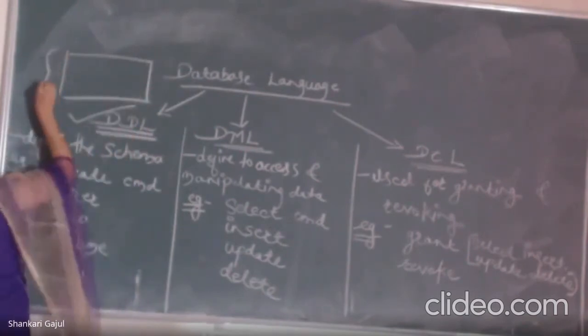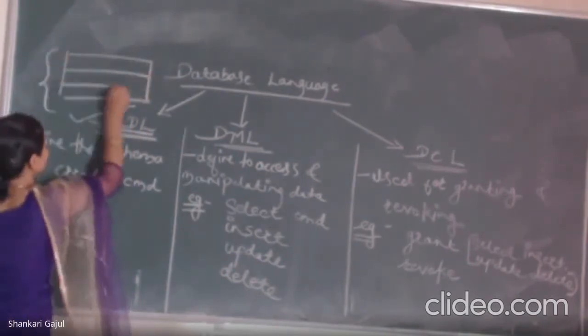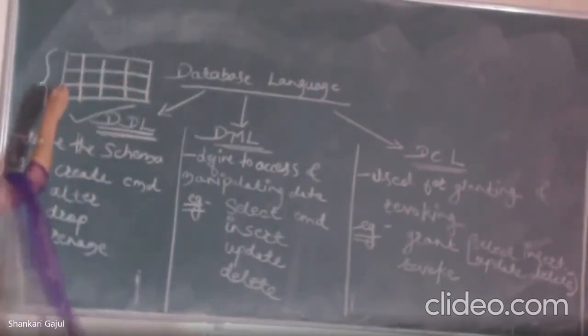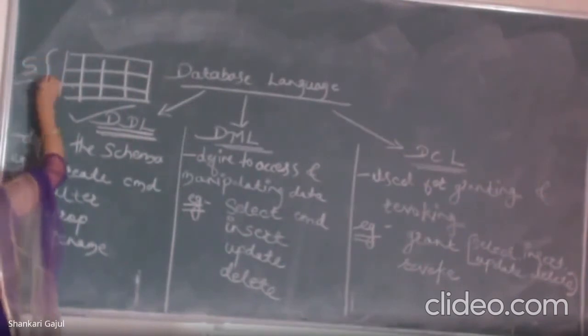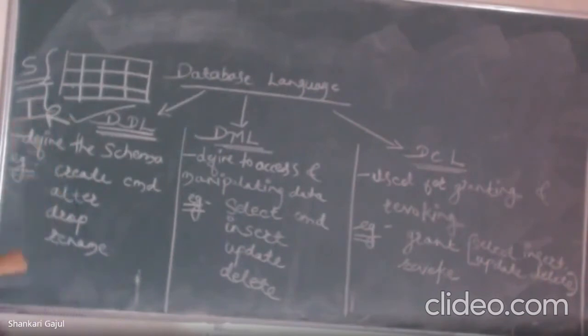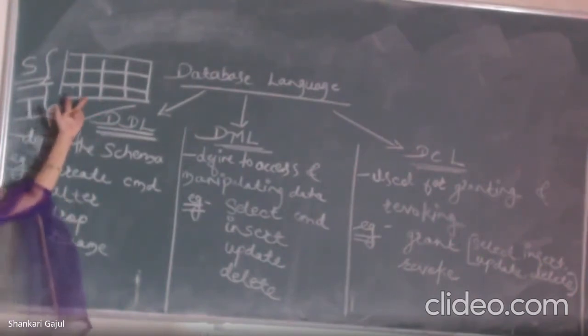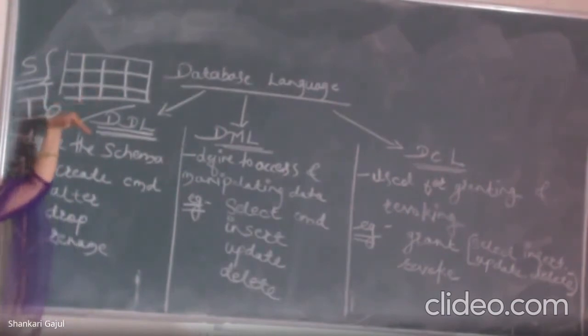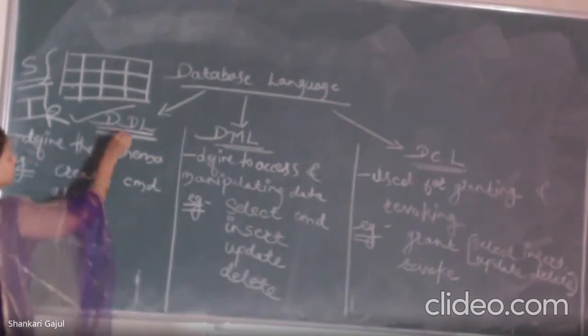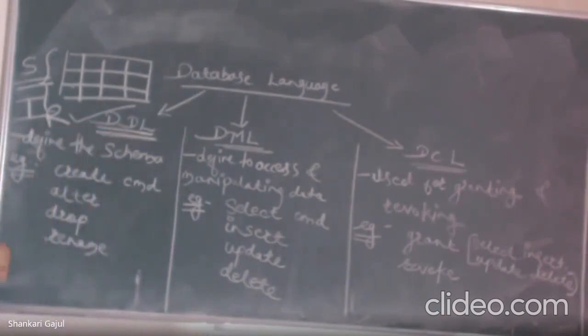This table consists of a number of rows and a number of columns. I call this the schema, or the table, or the relation itself. So the data definition language is to define the schema.